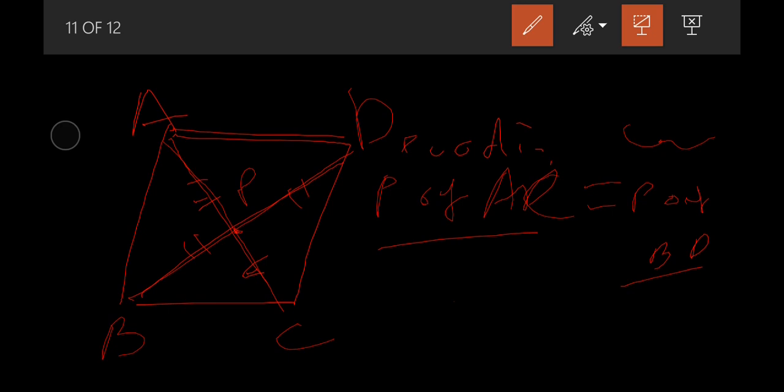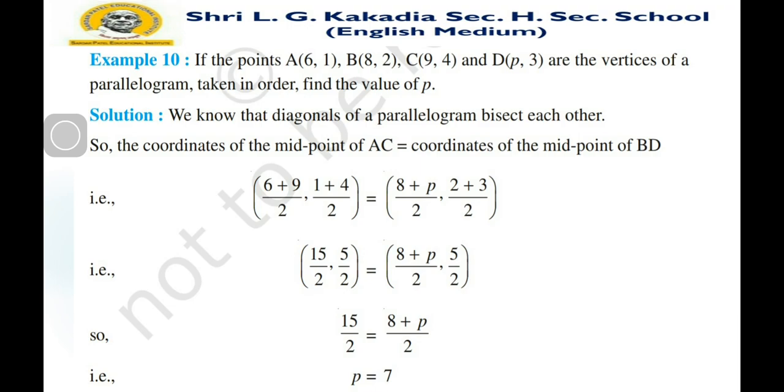So for that, we know that the diagonals of a parallelogram bisect each other. Bisect each other means the midpoint is common.